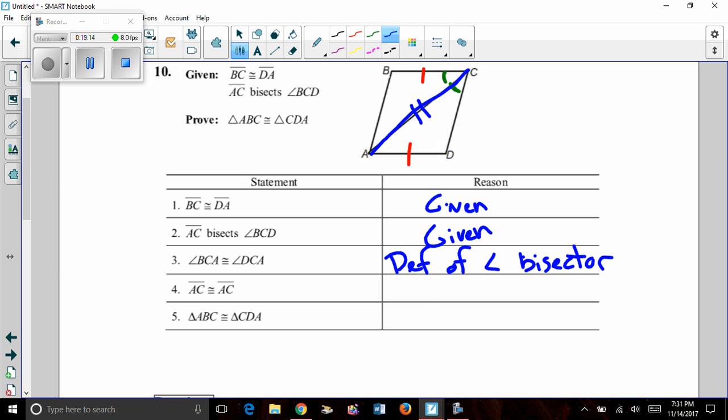AC is congruent to AC is reflexive. And let's see if we can piece this together. I have BC and DA, that's helpful. AC bisects BCD. But is that enough to piece this together?